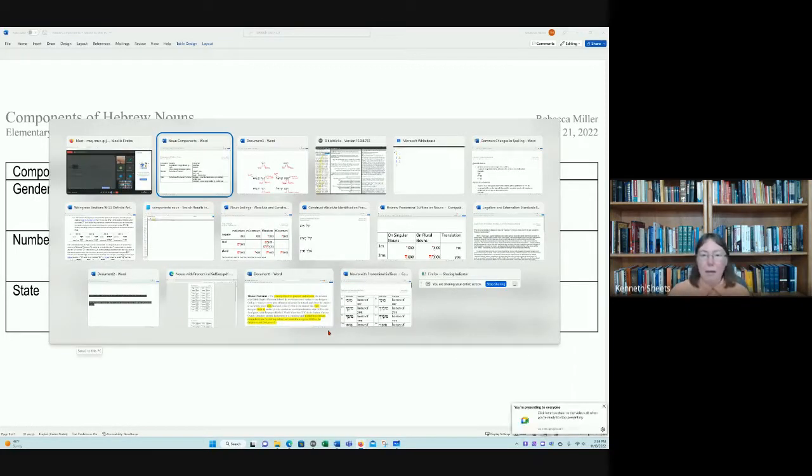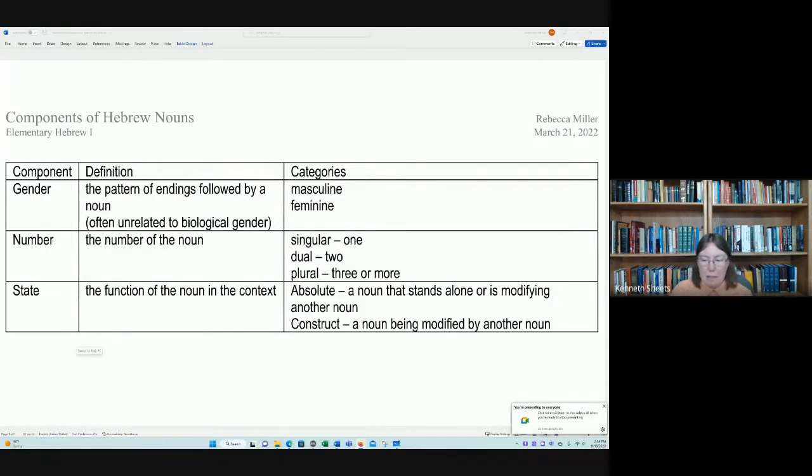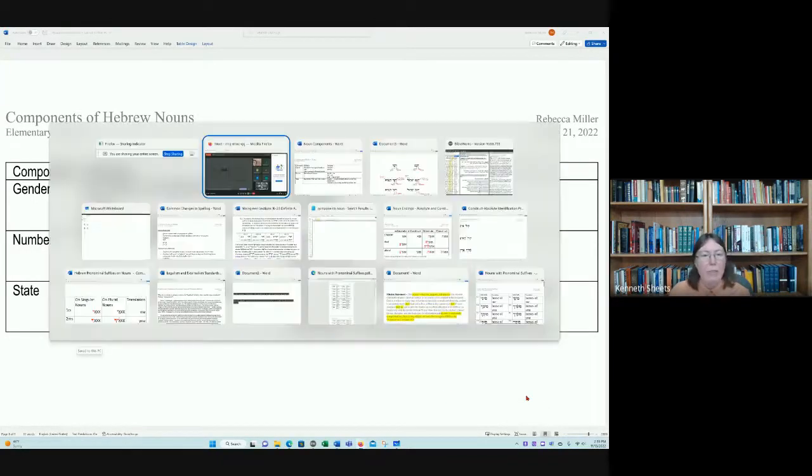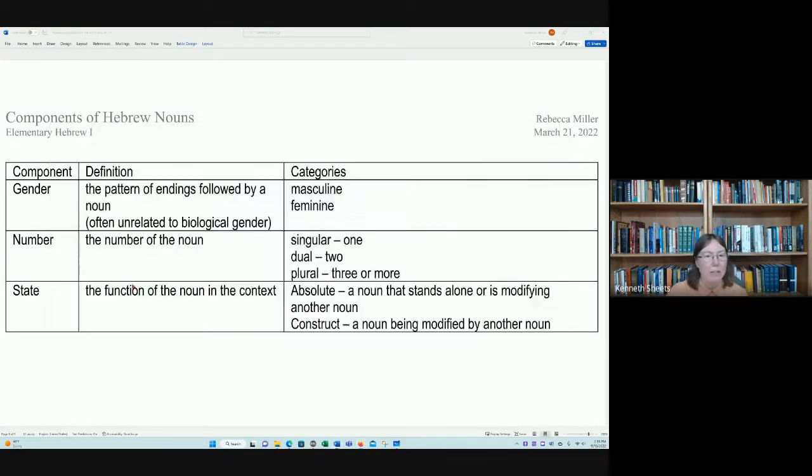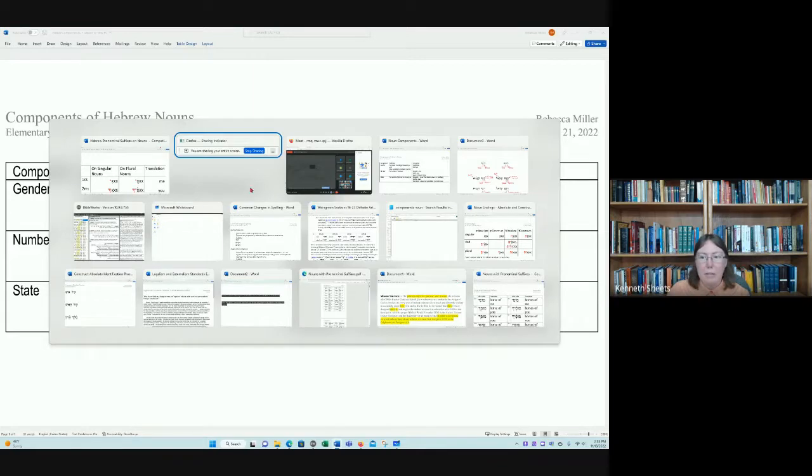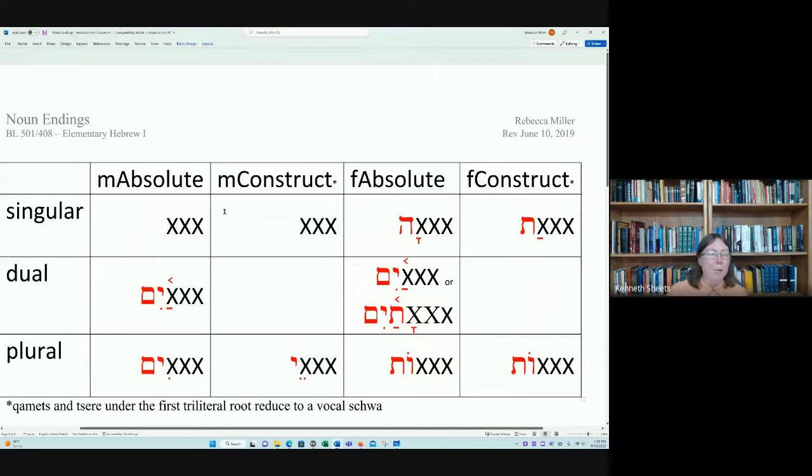But this does bring us back to this idea of the noun endings that we saw when we were taking a look at these. So thus our noun endings, and I know that I brought that particular document up. There we go. So noun endings, so masculine, singular, absolute.